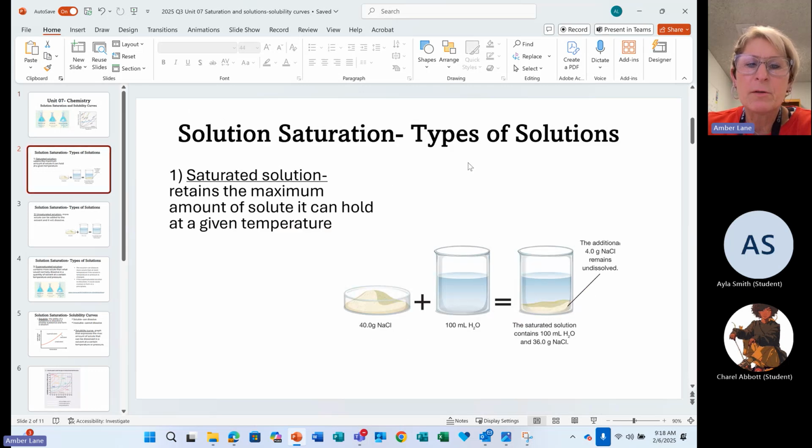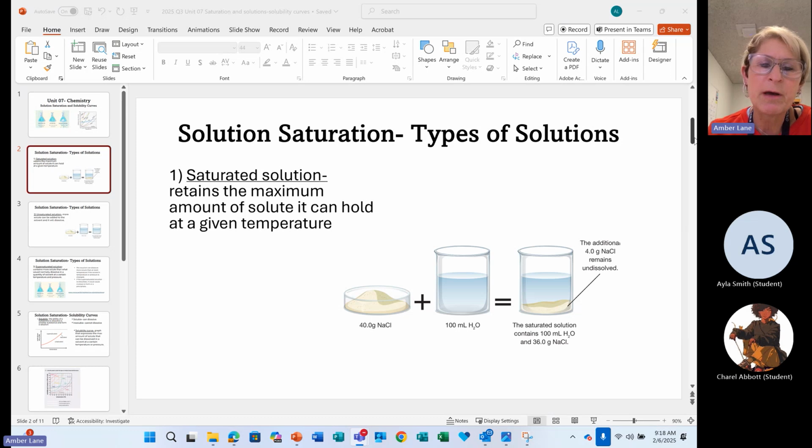So first of all, there are 3 different types of solutions. I think this is lesson 4. The first type is called a saturated solution. A solution is when you have a solute dissolved into a solvent, and together they make up your solution. A saturated solution means that whatever solvent you have, it has the maximum amount of solute dissolved in it that it could take.